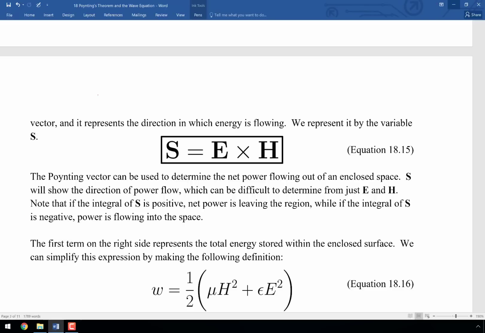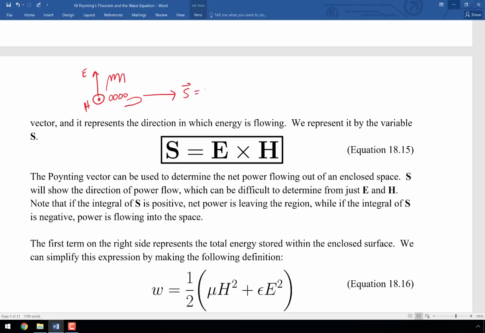So let's imagine that we have a circumstance where there's an E field here, and I'll try to represent it as sort of flowing out of the page. So there's an H field that's flowing right here. And if you take E, I'm putting my four fingers in the direction of E, and then when I curl my fingers so that now they are pointing toward me, my thumb sticks out in this direction, which means that E cross H is in this direction.